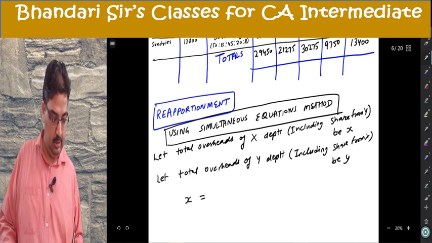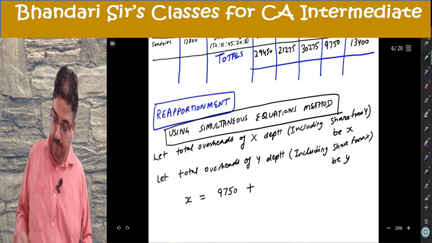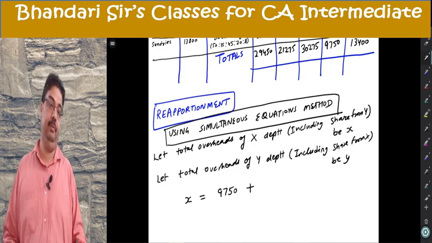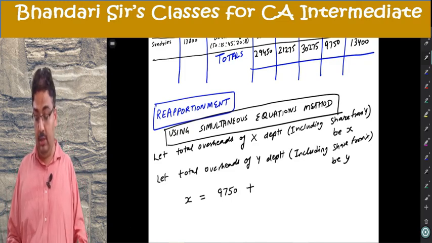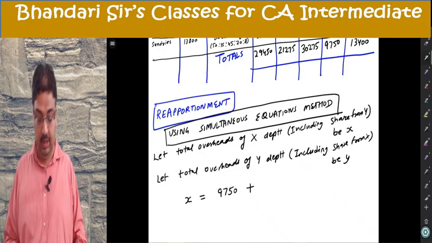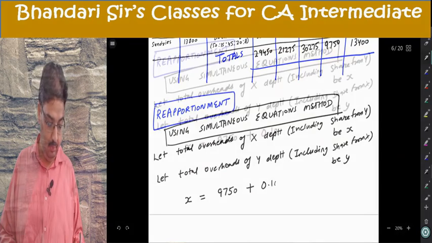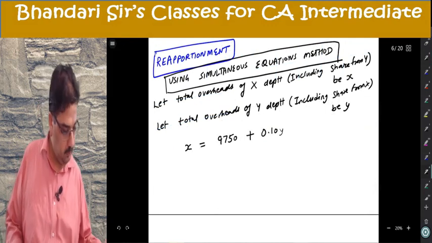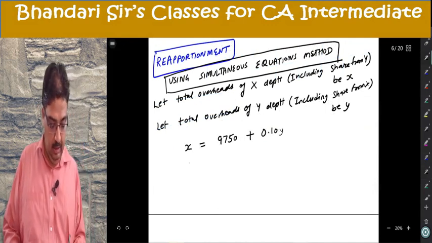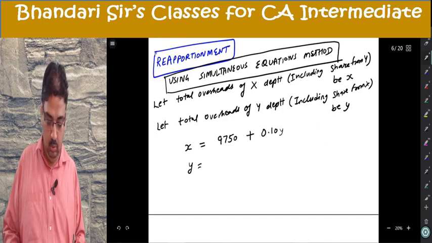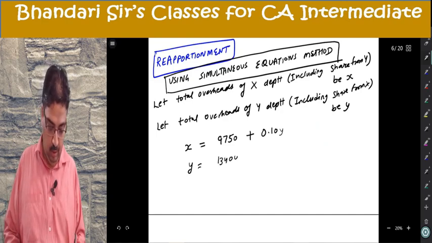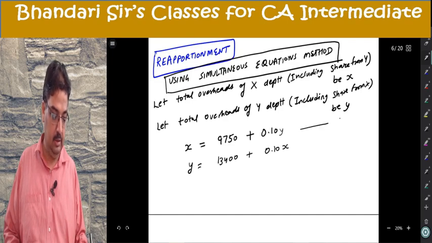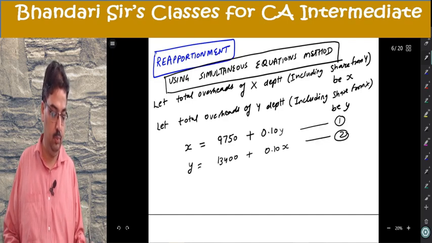X equals its own overhead 9750 plus share from Y. When Y's overheads are shared, 10% goes to X. Similarly, Y is equal to 13,400 plus 10% from X. This is 1, this is 2.